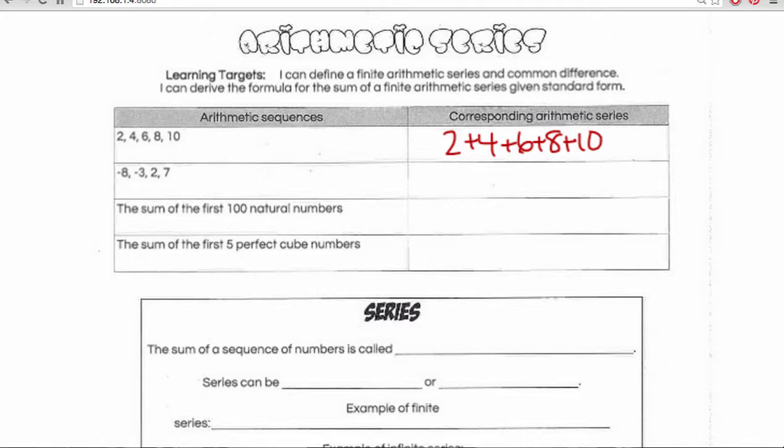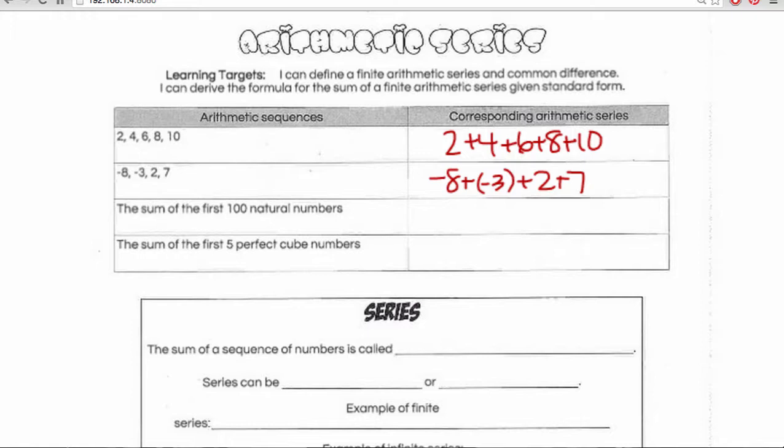And we've got a second sequence. We've got -8, -3, 2, 7. The series that goes along with that sequence is -8 plus -3 plus 2 plus 7. We could also have things like the sum of the first 100 natural numbers. Natural numbers are the same thing as countable numbers starting at 1.